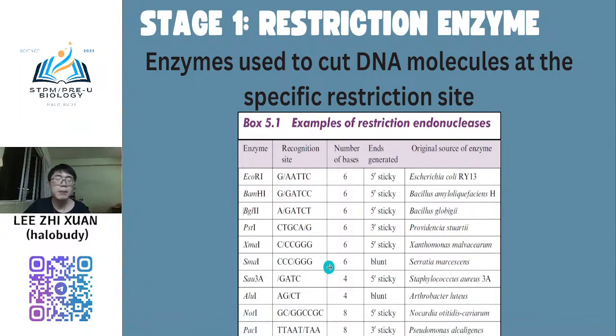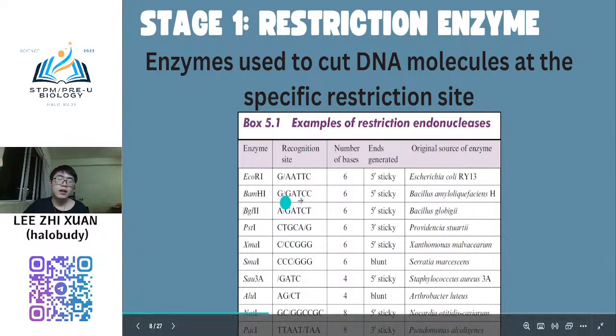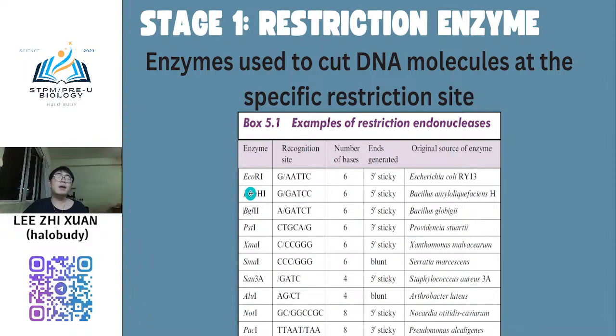Awak memang kena memorize punya. Tak ada pilihan lain. Ini 2 je. Sepatutnya ada banyak. In university, awak kena memorize semua ni tau. But in STPM, MPN sangat baik hati. Awak hanya belajar 2 saja, EcoRI and also SmaI. Yang lain, awak boleh tengok, tak perlu hafal.